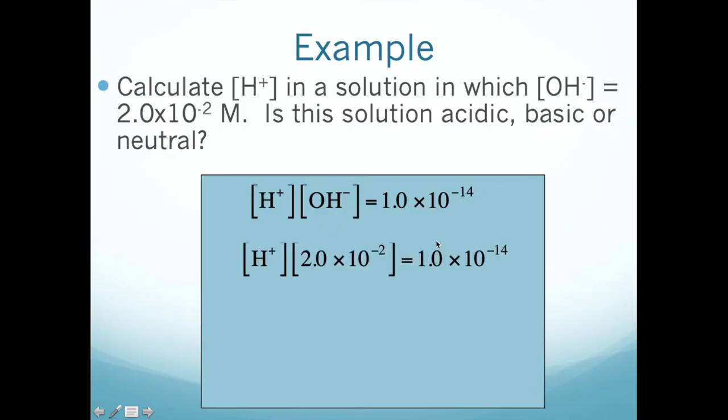So if we do that, and we plug in that number, our H plus concentration is 1 times 10 to the negative 14 divided by 2 times 10 to the negative 2. I do recommend practicing this on your calculator. I find that students, even though we talked about typing in numbers in scientific notation on your calculator, we did that way back in chapter 1.